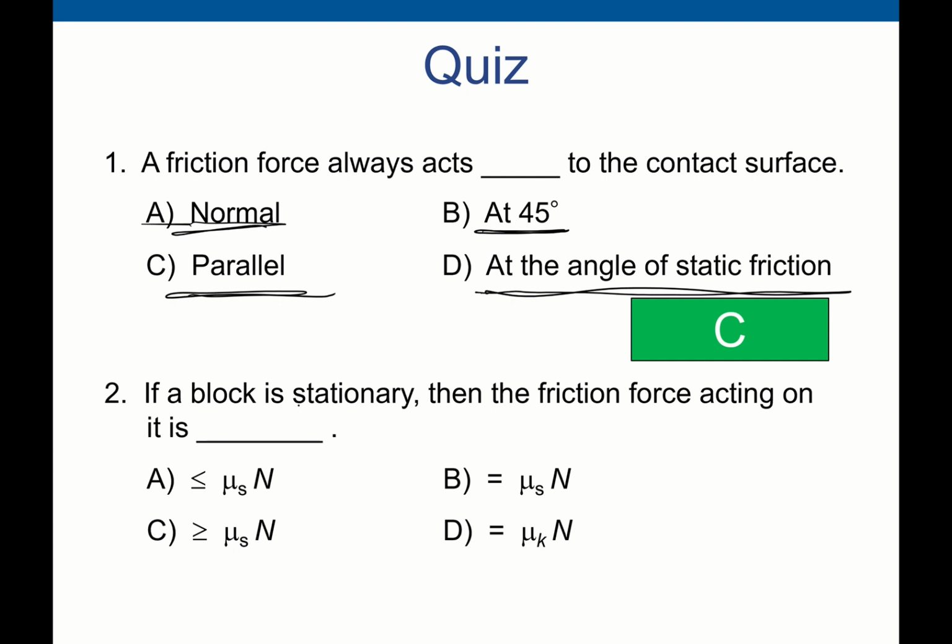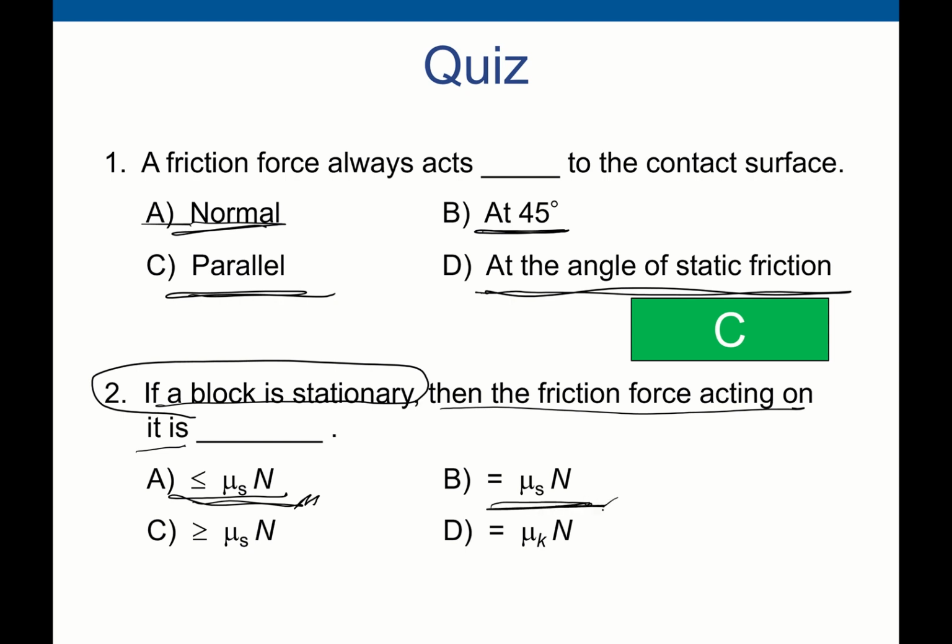And if a block is stationary, so it does not move, then the friction force is less than or equal to mu times normal force, or is equal to what? mu k is the kinetic frictional coefficient. Or greater than or equal to mu s.